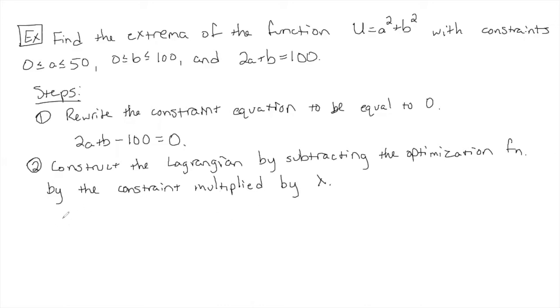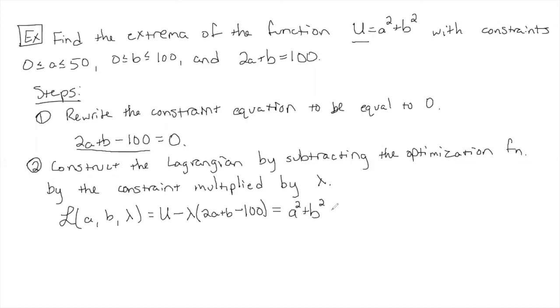All right, what do I mean by that? Well, we denote the Lagrangian by a cursive L, and we take U, the optimization equation, U minus lambda times the constraint, 2a plus b minus 100. So this is a squared plus b squared minus lambda times 2a plus b minus 100. Great.